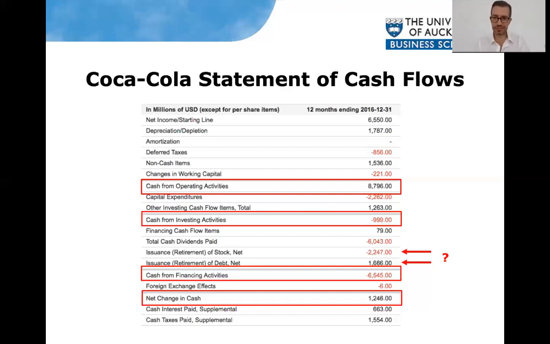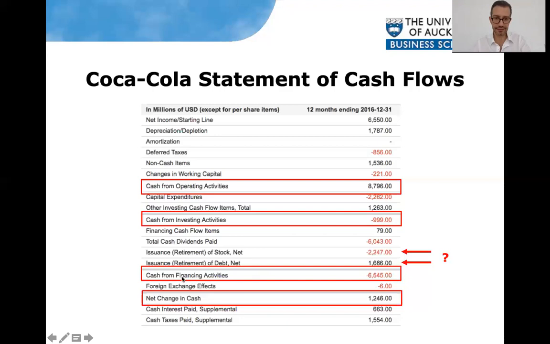So then they will have spent $2.2 billion in terms of investing activities. Here, there's other investing cash flow items. I don't know exactly what that is, but maybe they have sold, for example, factories. And so the net difference is a $1 billion net cash outflow.